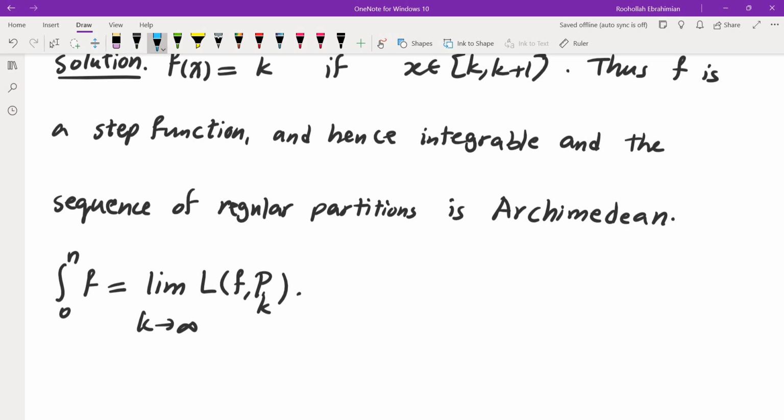Because if you look at the graph, your function goes from 0 to n, and let's say from 0 to 3. So from 0 to 1 it is 0. If I draw it, 0 to 1 it's 0. From 1 to 2 it is 1, and from 2 to 3 it is 2, and then there's a 3 here. So if you divide this at these points, then it's easier to evaluate the lower sum.